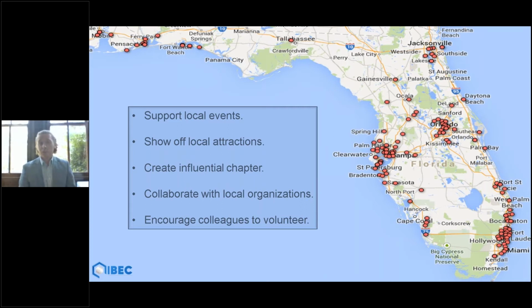Creating an influential chapter requires engaging new volunteers, and we'll talk about that a little bit more in a second, but local organizations are also very important to engage. A lot of chapters have had success with engaging local universities and local civic organizations, partnering with them either for fundraising activities for nonprofits or on a technical level, partnering with a university to host education programs.